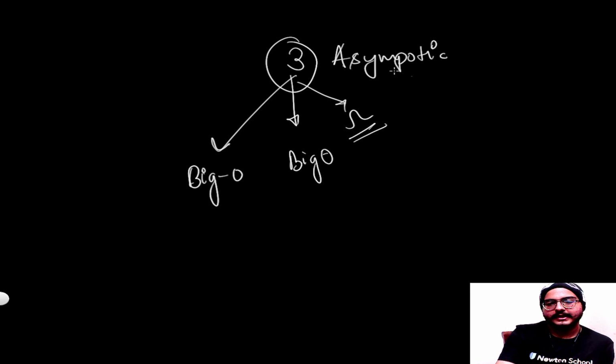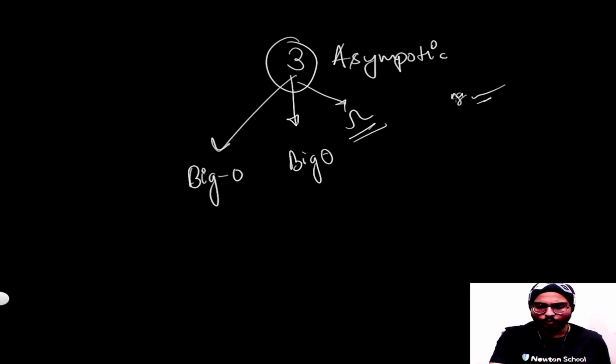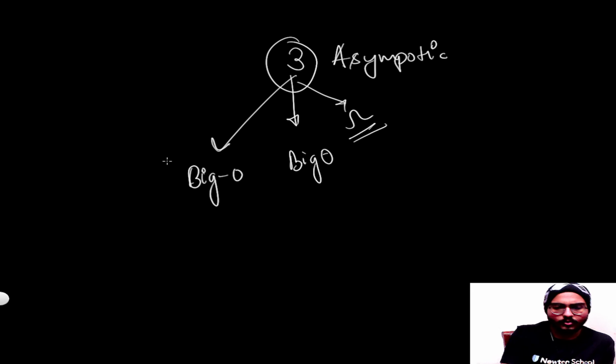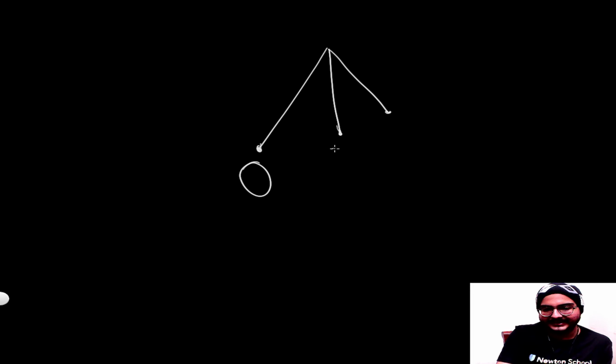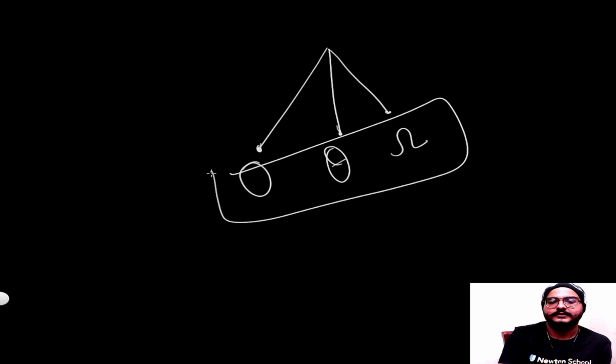We also have small omega and others, but we will not go into that much stuff because we only require this much. So we have three: big O, big theta, and omega. We want to represent our function in terms of these three notations.